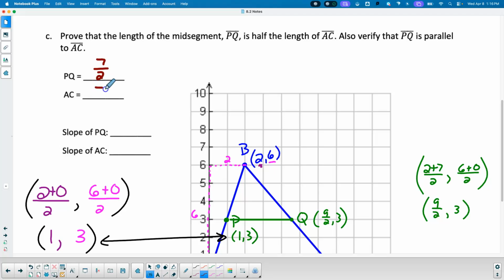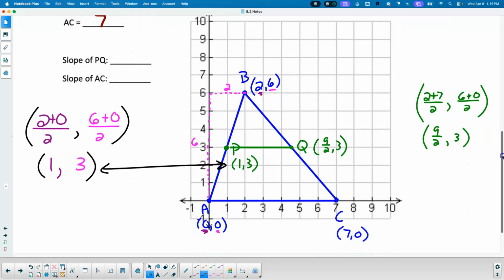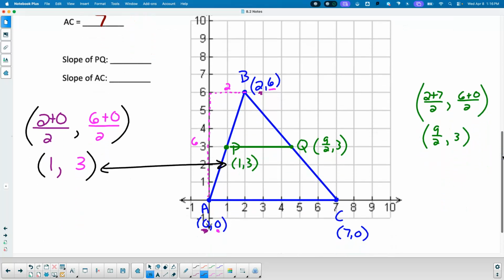Is 3.5 half of 7? You can really see it when we write it in fraction form, right? 7 and 7/2. So PQ is half of that. Okay. What is the slope of PQ? 0. What's the slope of AC?